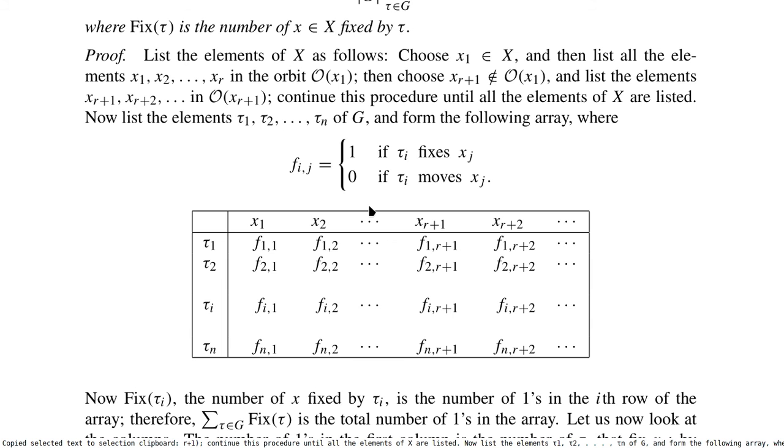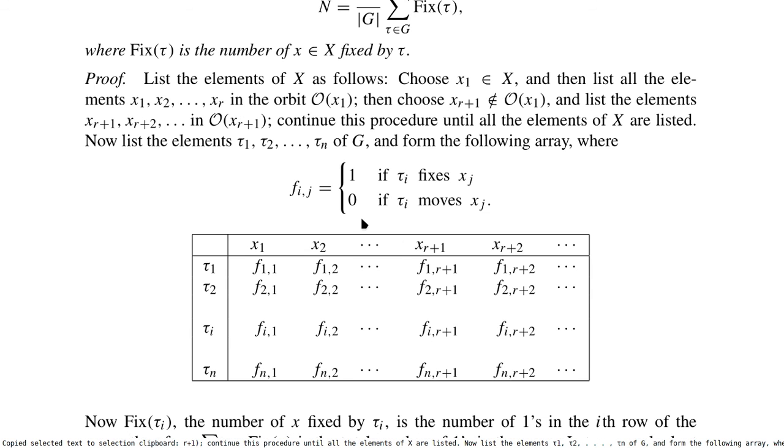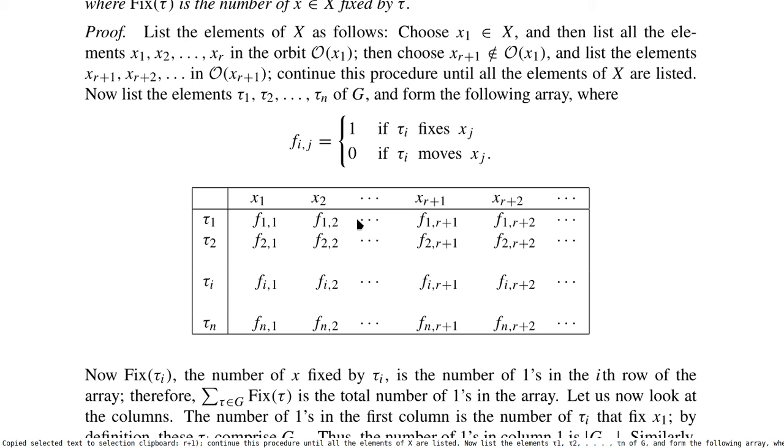Okay, this is a bit confusing. Essentially you have these columns of x1 up until xr, then x r plus 1, r plus 2, until the end. Then you have tau 1, tau 2 until tau n, the elements of the group.